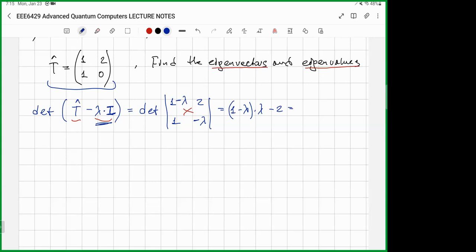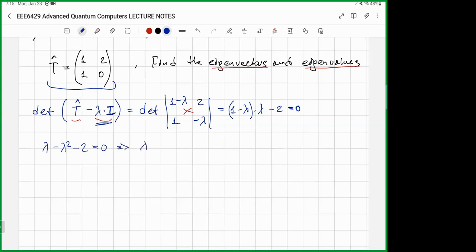And this matrix has non-zero solutions if this characteristic expression is equal to 0, so this is the characteristic equation. Now I expand these brackets here, so I get alpha minus alpha squared minus 2 is equal to 0.